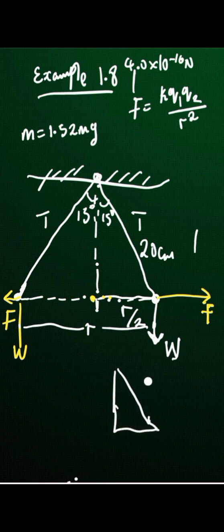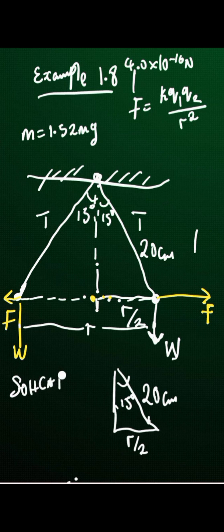So this is 20 cm. This remains our 15. And this becomes r over 2, right? Using SOHCAHTOA, this is opposite, this is hypotenuse, so that becomes the sine, is it not? So we are using SOH, opposite over hypotenuse.